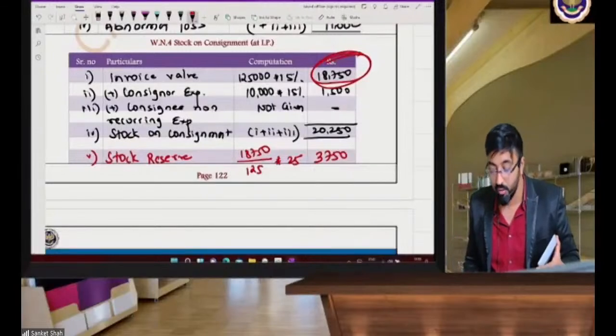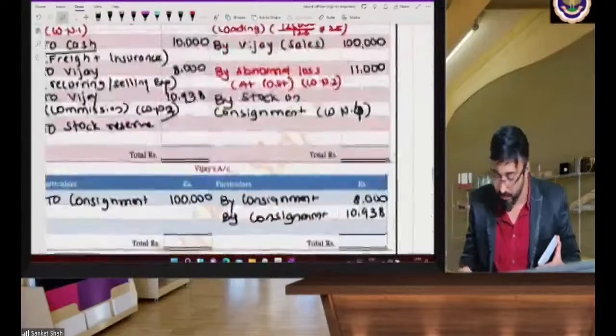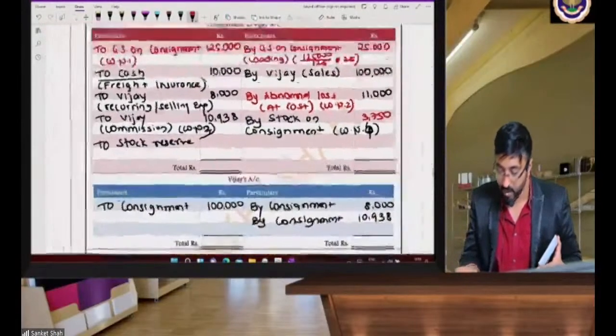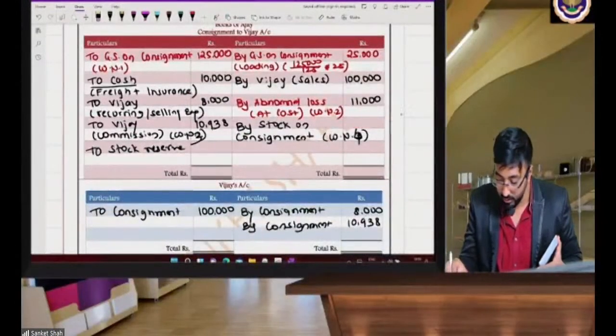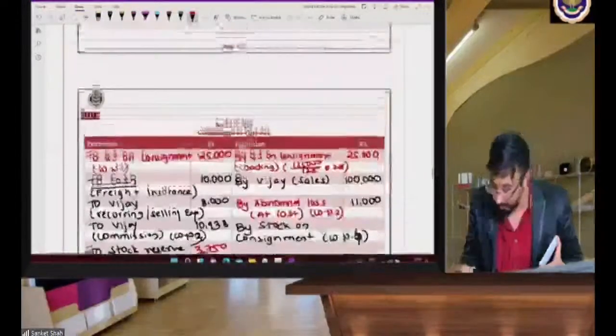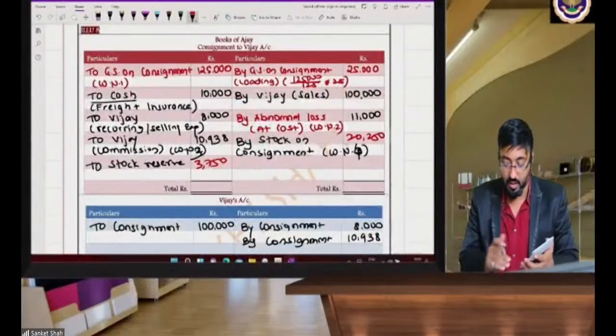Don't consider 20,250 divided by 125. Only 18,750 you will consider. So 3,750 by stock on consignment. And sorry, this is 3,750. And here it is 20,250. Red pen, very, very important.